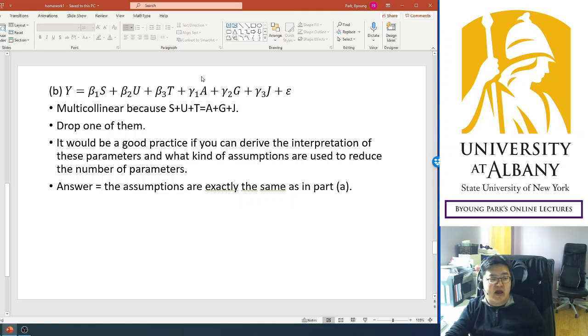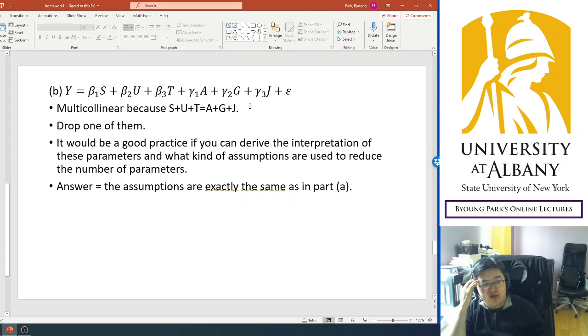You need to drop any one of the 6 variables, then it will work.